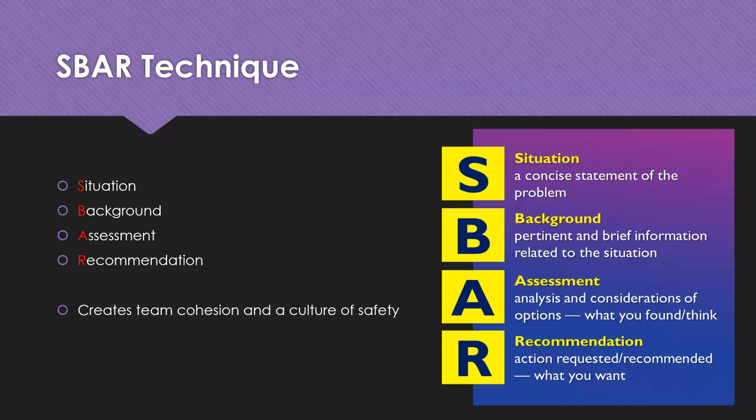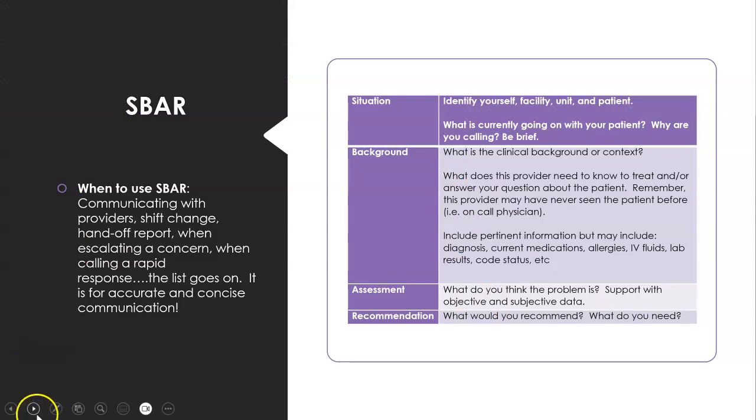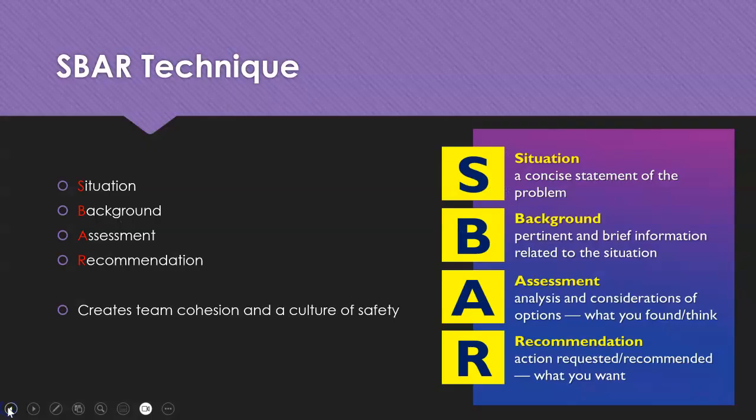Background: the patient has a history of two MIs. The patient took two nitroglycerin tablets with no relief. And then you go into the assessment. The assessment will be the vital signs and various things that are going on with the patient. And you would say any considerations of options and what you found and think.